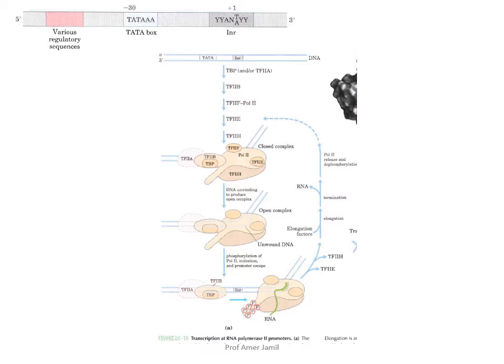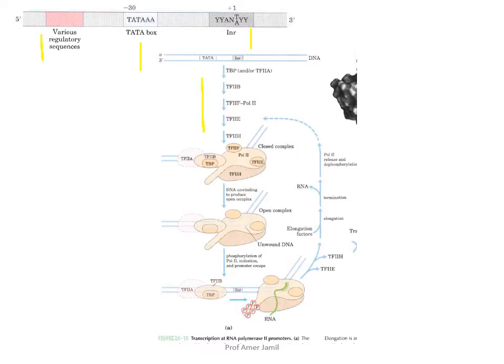So, general transcription factors are first involved in transcription by RNA polymerase II in the case of eukaryotes. This TATA box sequence is typical of the eukaryotic promoters at -30, and transcription is initiated at this +1. This is the sequence, and various regulatory sequences may be present upstream or some even downstream.